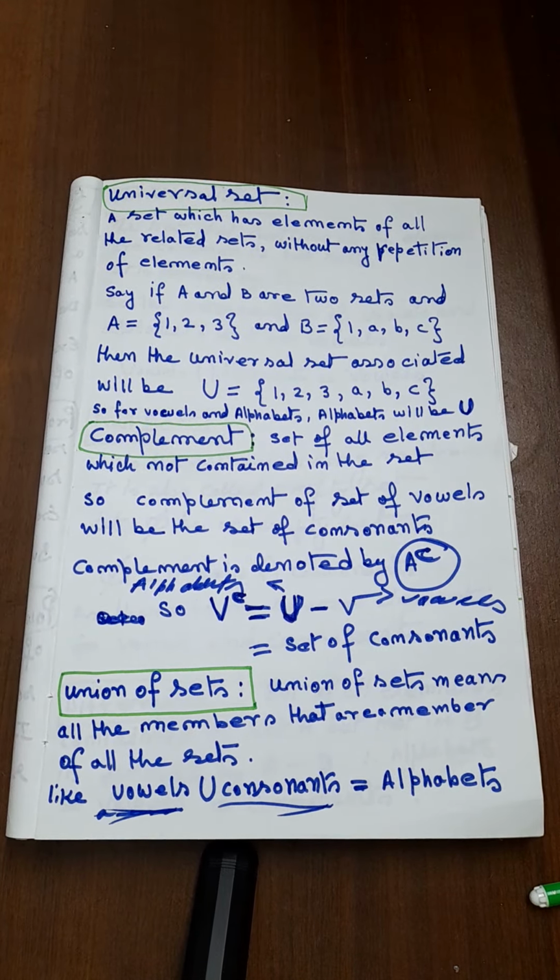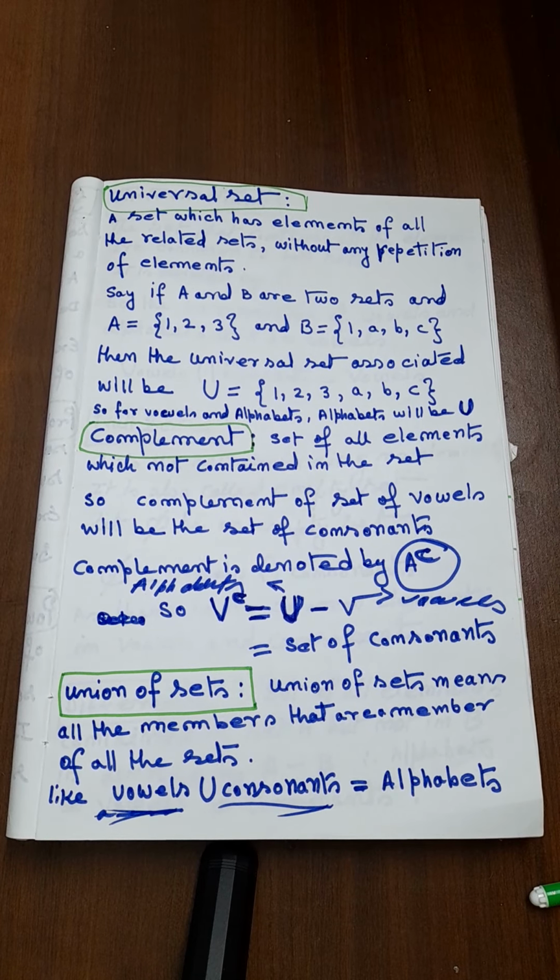Now, universal set. A universal set is a set which has elements of all the related sets without any repetition of elements or members.